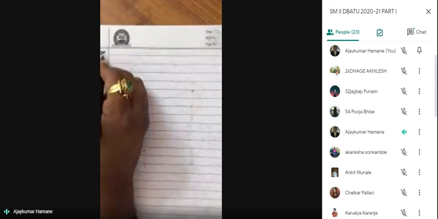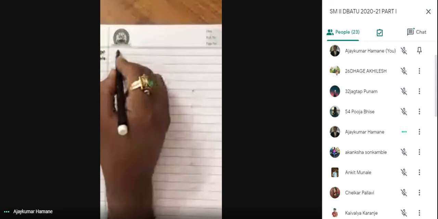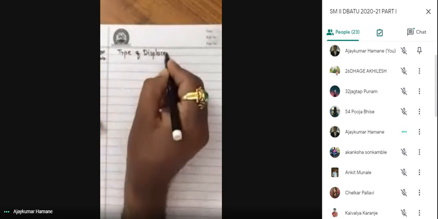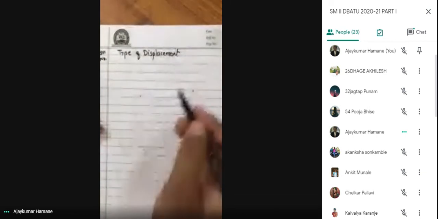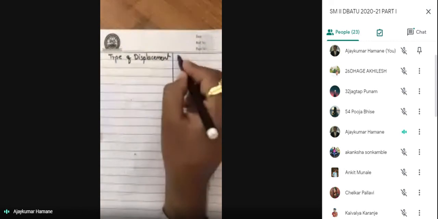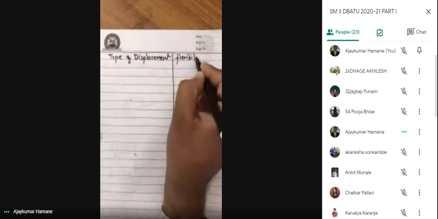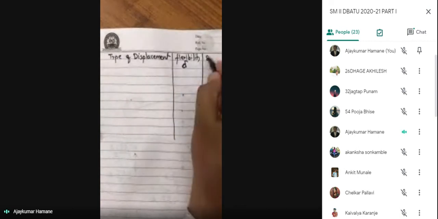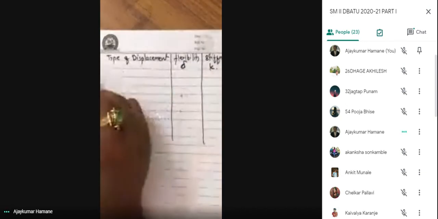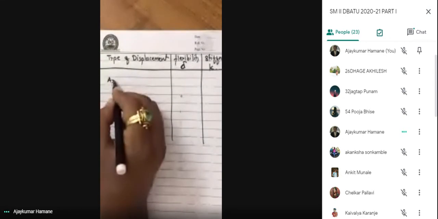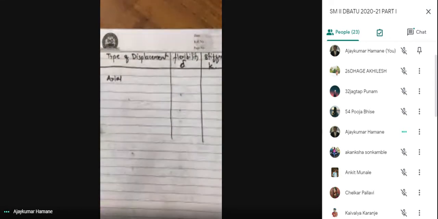Here is the serial number, type of displacement, and here I have flexibility, delta, and here I have stiffness, K. So serially, one: axial displacement.